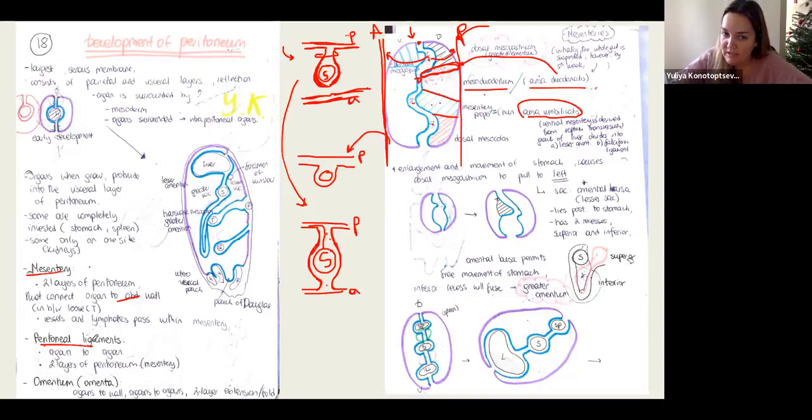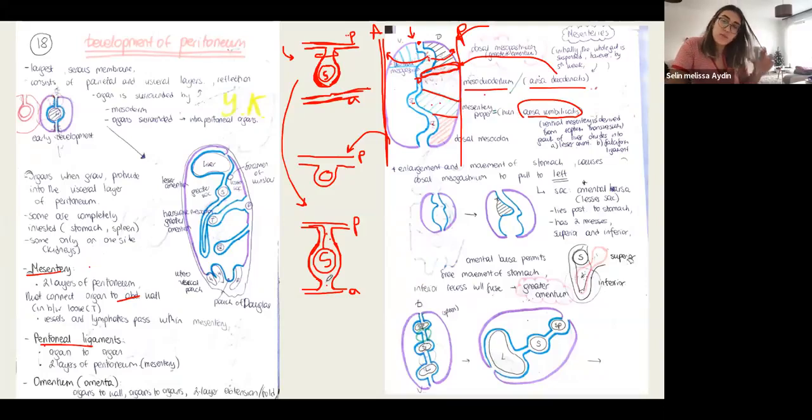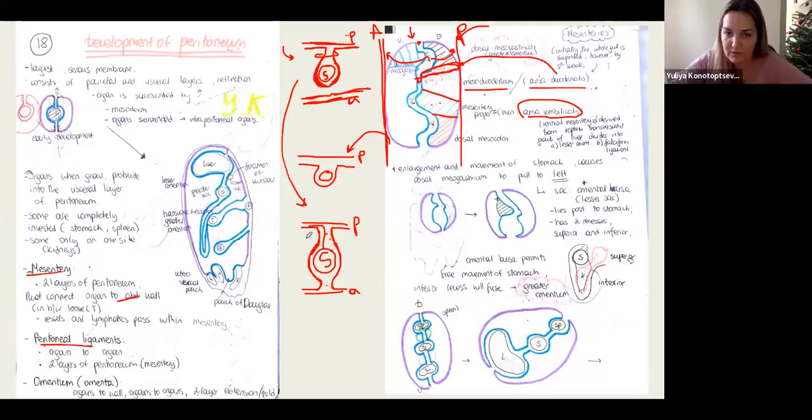We're going to see right now. So could you tell me, how do we call this? Ventral mesogastrium. Perfect. And this one is? Dorsal mesogastrium. We're going to see that within the ventral mesogastrium, liver will be developing.